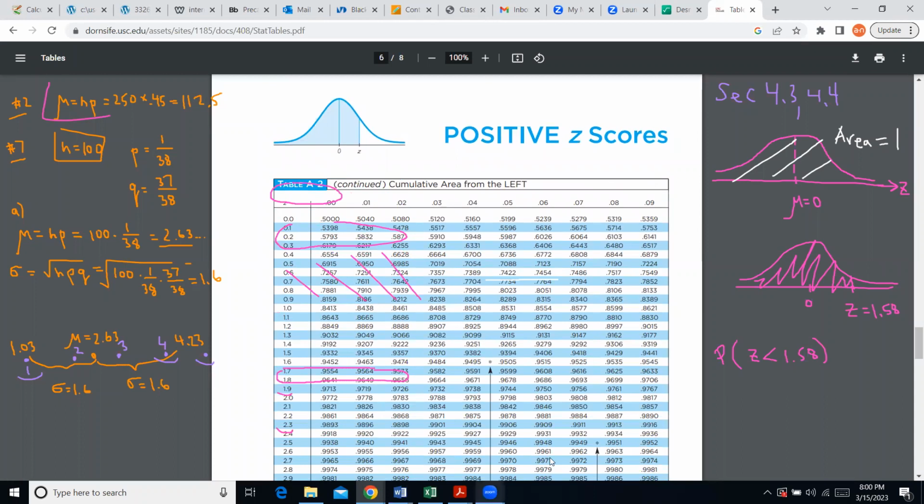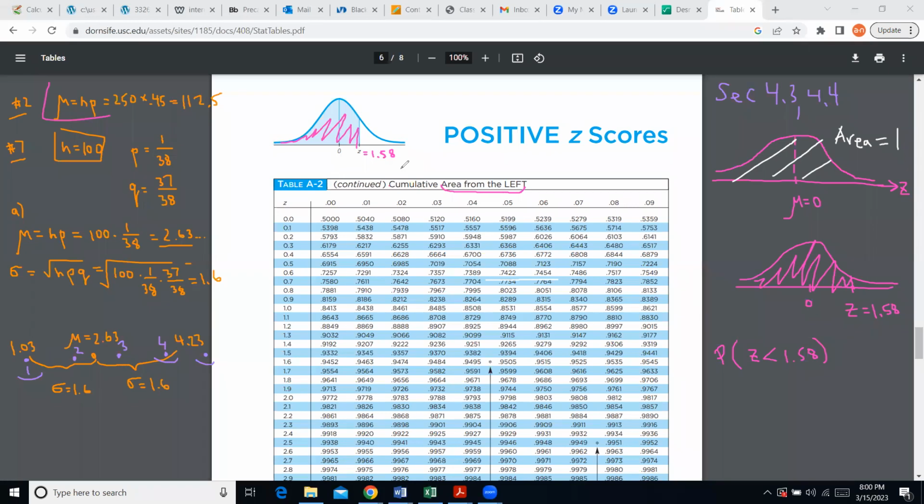And that's exactly what we're working with here, because my z, or as they call it, z-score, is equal to 1.58. This table is designed in such a way that it gives the area from the left, from the left side all the way to the number I need, highlighted here in blue.